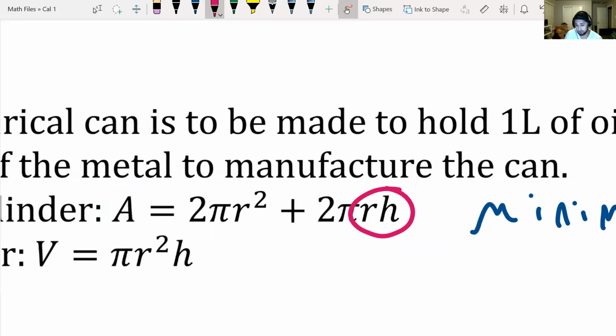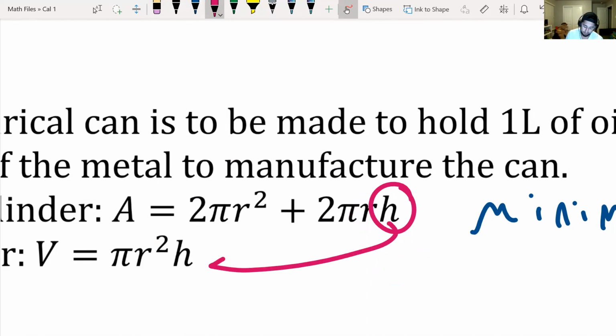If you product ruled this, you would get r plus h prime r, which means we don't need an h prime for this. The height is not changing at a constant rate. So if we were to take the derivative, it would become an implicit derivative because of this r times h, and we would get a variable we don't need. We would get h prime. Do we need an h prime? No. Which brings me to the next steps of, well, we have to make a substitution for that h.